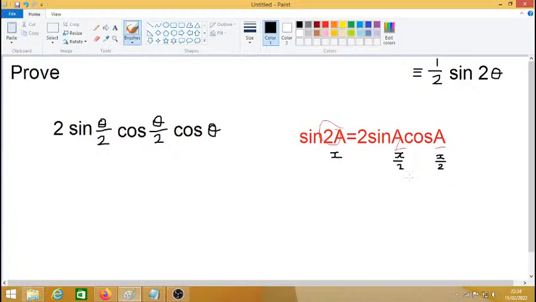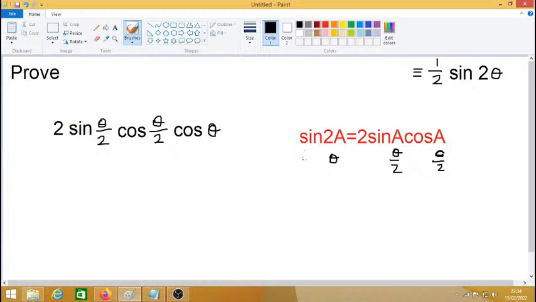Notice how it doesn't really have to be a full angle on the right. So that's what we're going to do here. We're going to say, look, really the a's are theta over 2. So if I write theta over 2 for my a, then double of that is just going to be theta.